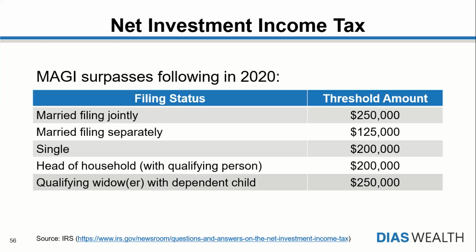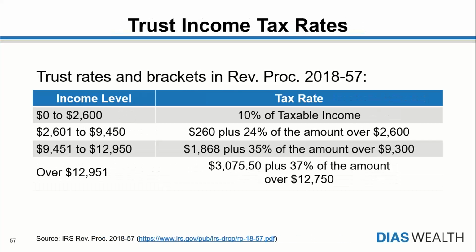And then of course you have net investment income tax, and then trust income tax rates. So the key part about this is that, and there's always a workaround on these, but let's just say that you have an irrevocable trust and the income that it produces is over $12,951. It's not redirected to anybody. It's retained inside of the trust.